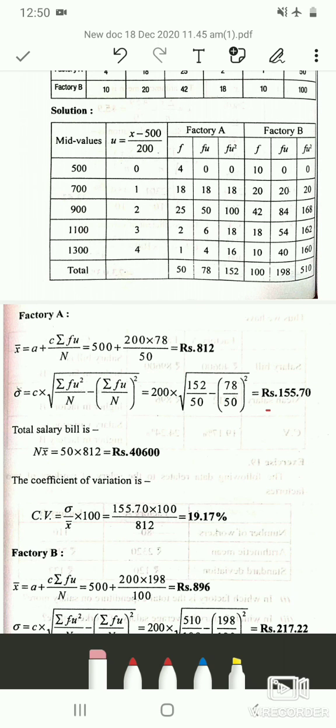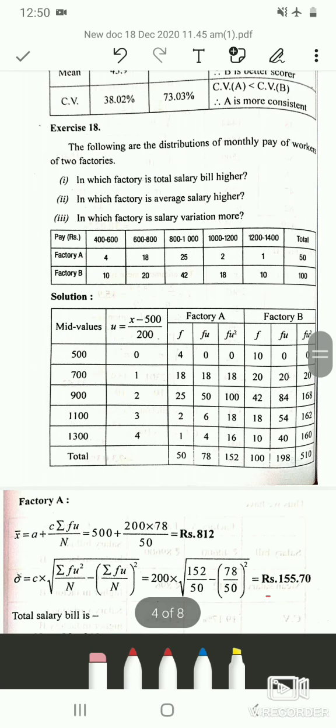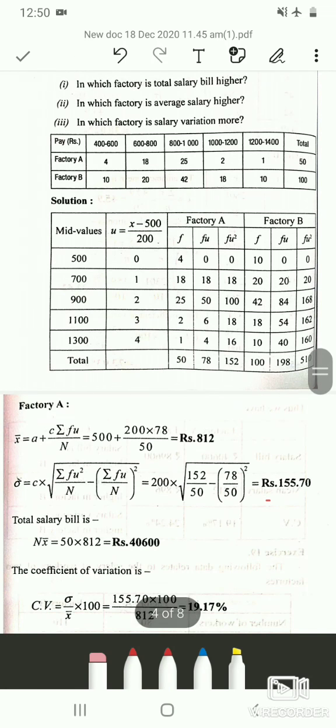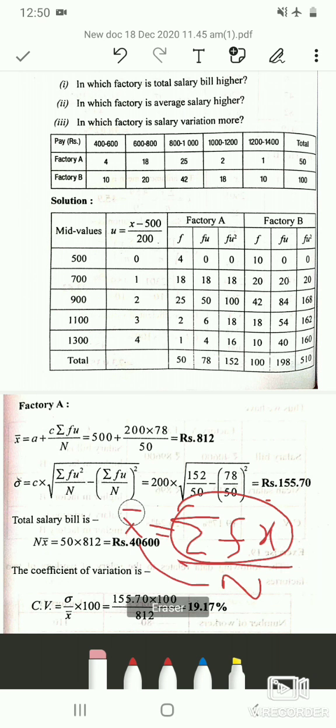The first sub question they have asked is, in which factory is total salary bill higher? To find the total, summation fx is your total. We know x bar is equal to summation fx divided by n, so to get this value we have to multiply n into x bar.